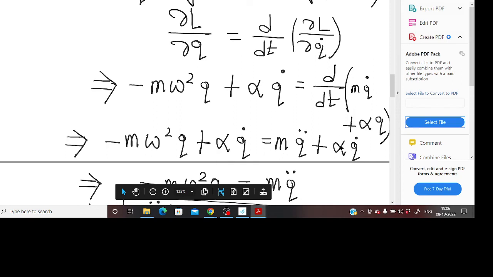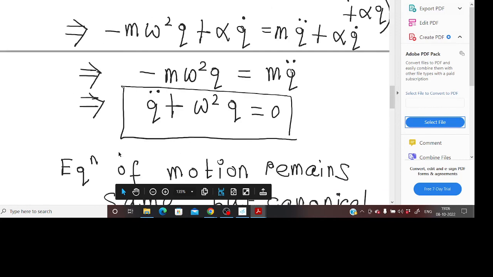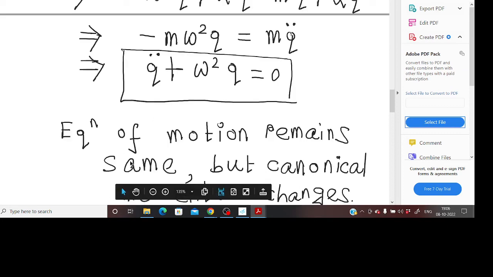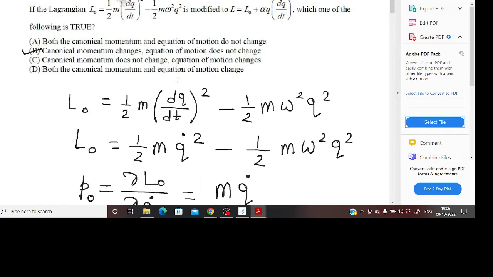So these two terms cancel out. So finally we have Q double dot plus omega square Q equal to 0. So this means the equation of motion remains same, but the canonical momentum changes. So in this question, this is the option B, which is correct.